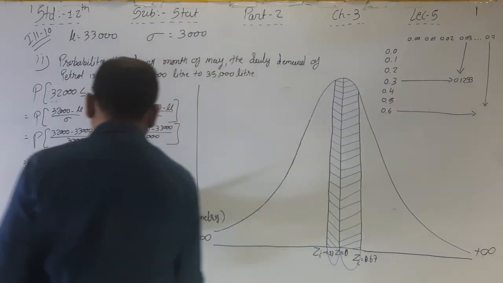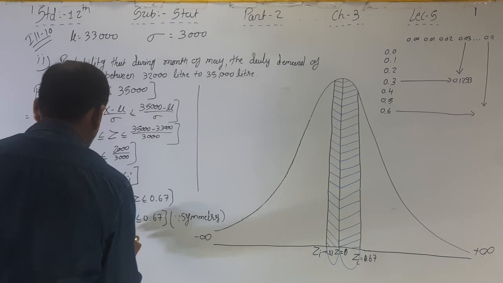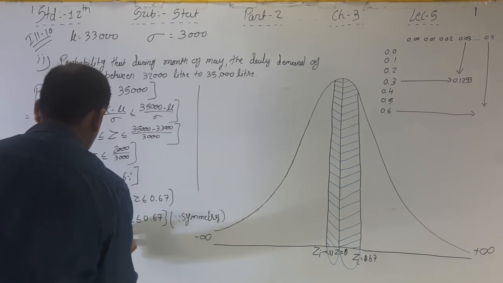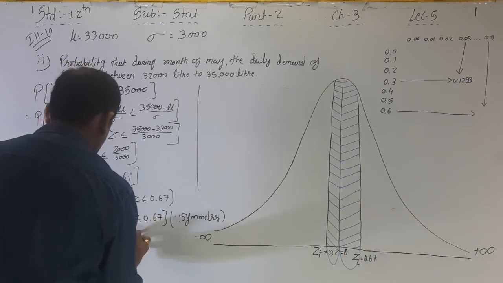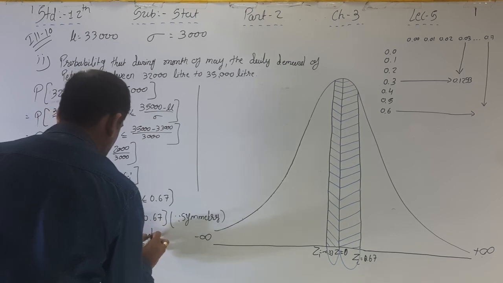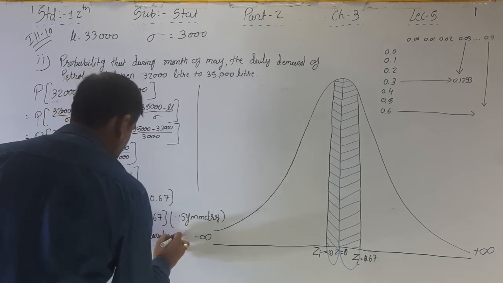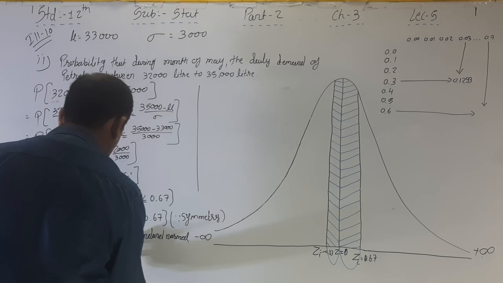See here, we have to write down here compulsorily because it is from the standard normal variable table.